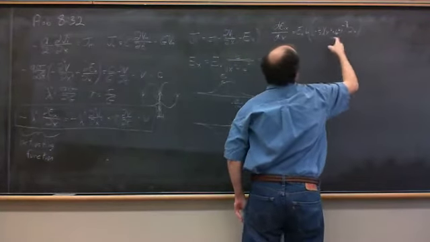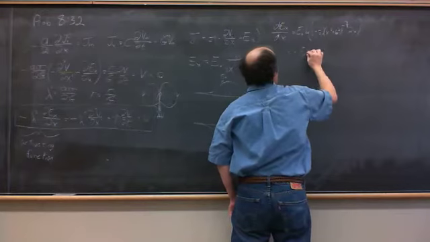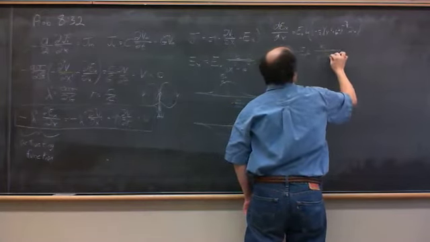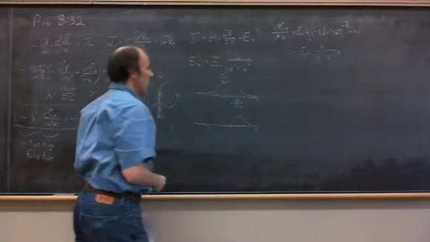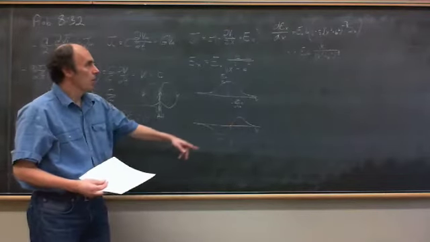And the 2's cancel, and you end up getting a minus sign, E0 b, and you have x over x squared plus b squared to the 3 halves downstairs. That's essentially what this function is. So I've just derived that function.